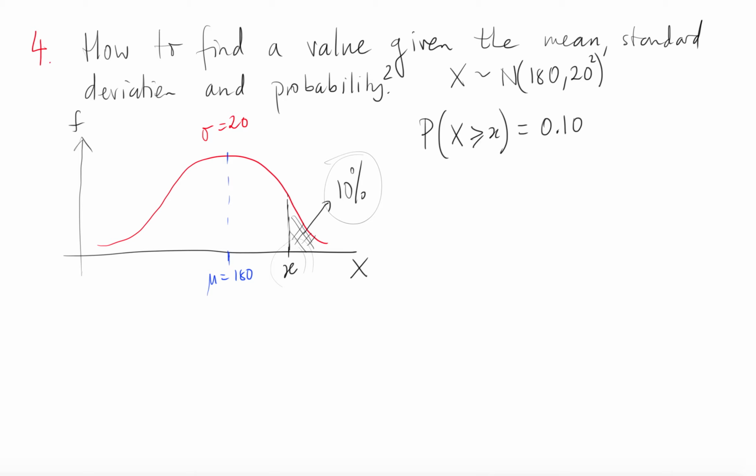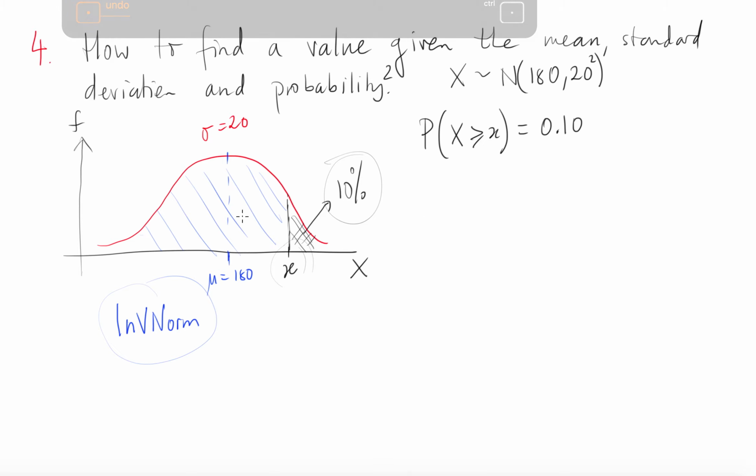Well, we can use the calculator, because using the function inverse normal, we can find out this value, because the inverse normal function can find the value given a probability which is less than the certain value.